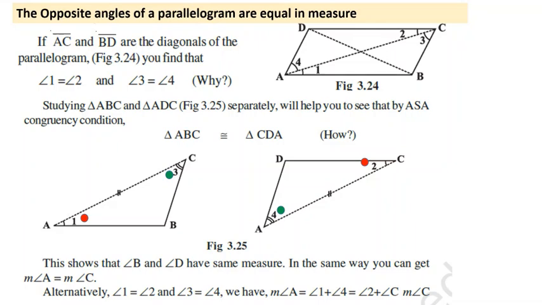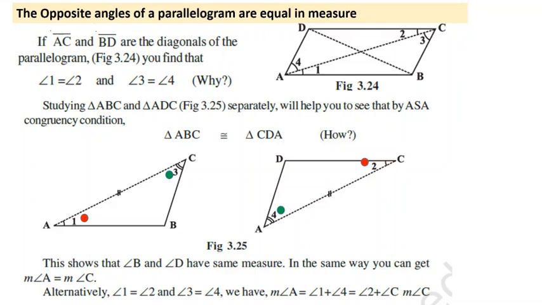Similarly, there is one more proof. Opposite angles of the parallelogram are equal in nature. That time we had to prove opposite sides equal. Now we have to prove opposite angles equal. Sides can be taken as equal ourselves.